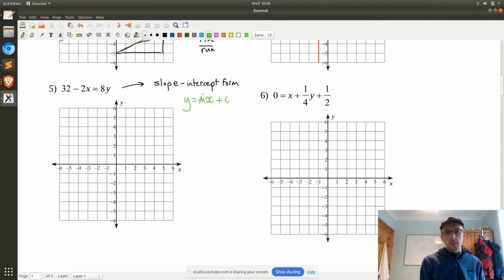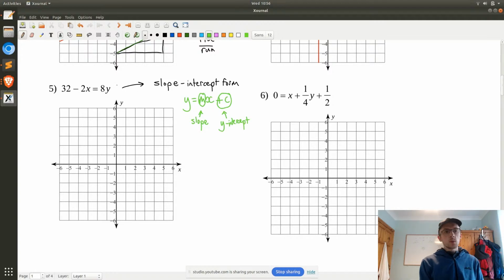Here's the slope, the number in front of the x, which by tradition we call m. Here's the intercept. What intercept? Where it crosses the y-axis, aka the y-intercept, right there. And that's why we call this slope-intercept form.